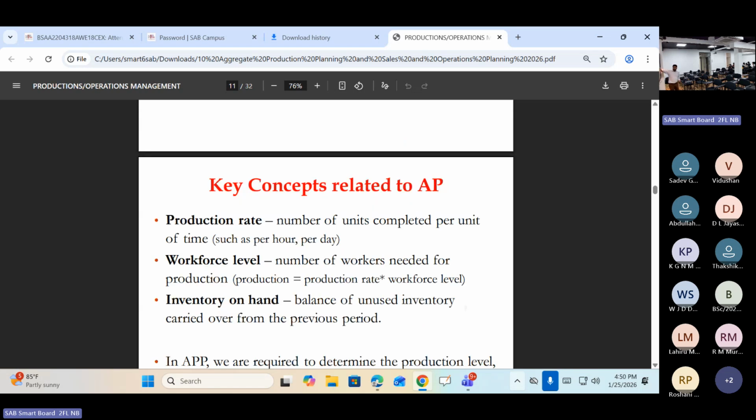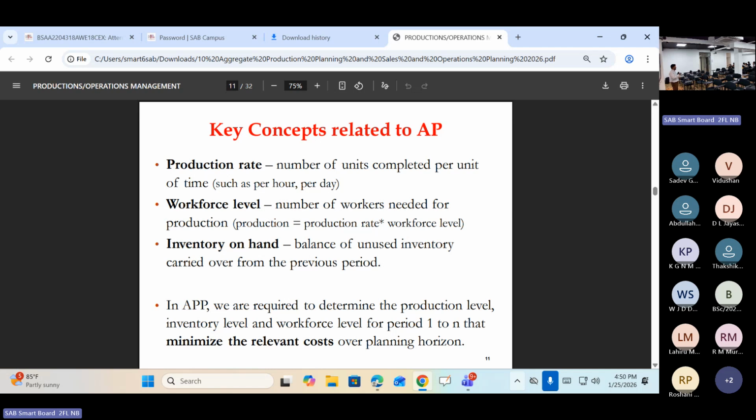So coming to each of them: the production rate means the volume of production in each quarter, each month, weekly or daily. Workforce level means the size of the workforce to be maintained to meet the production rates.